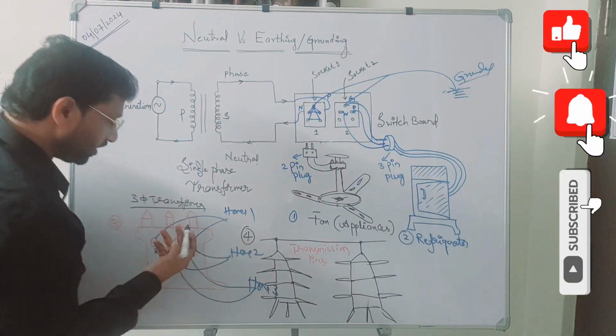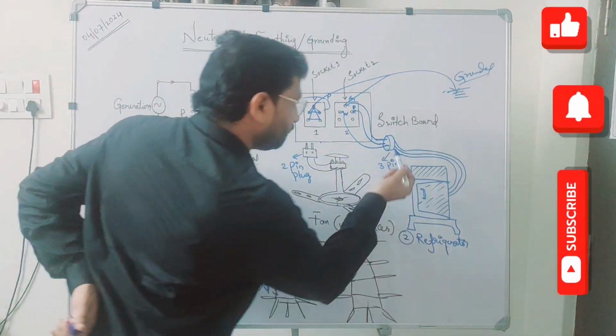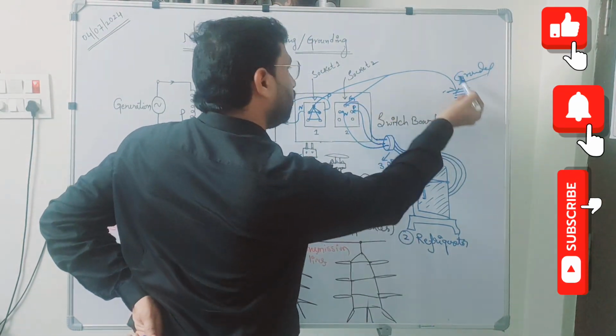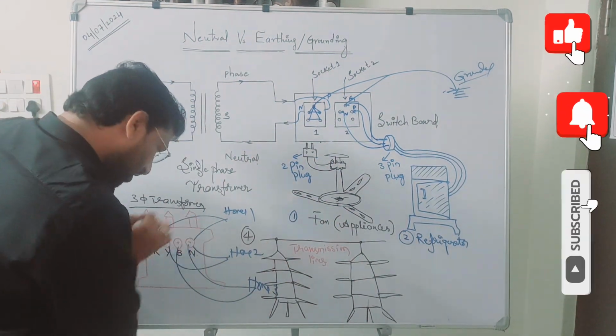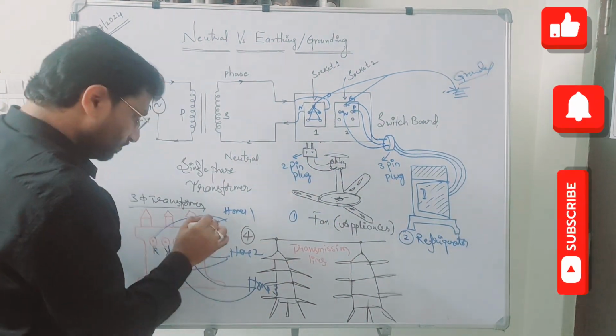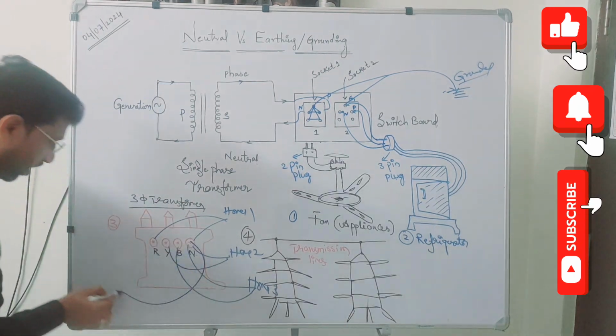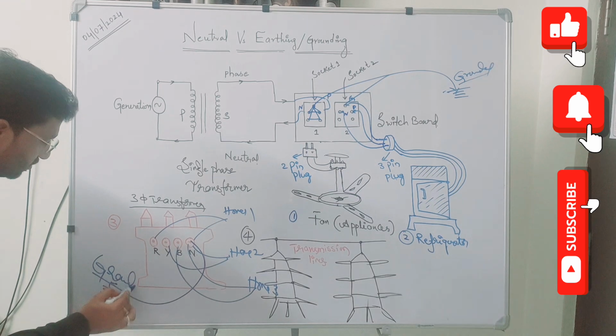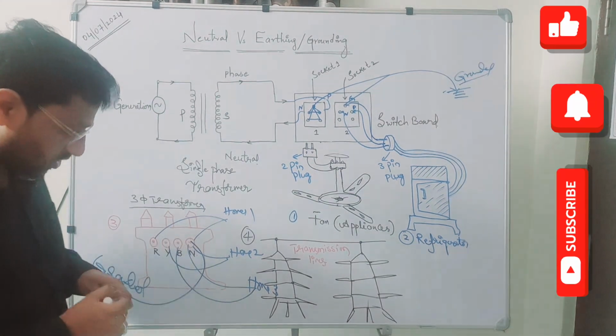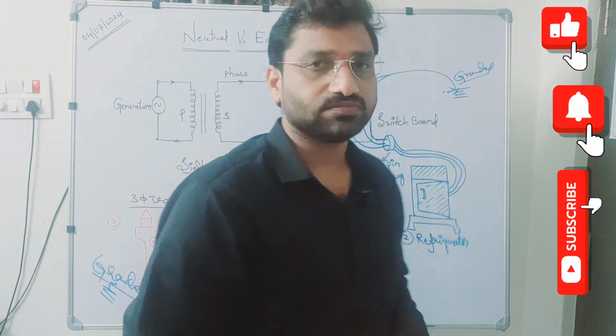Now, as I mentioned, even if you have a ground pin and ground wire at home, sometimes you get shocked. Why? Because if the transformer secondary is not grounded, then there is a possibility that you also get shocked here.